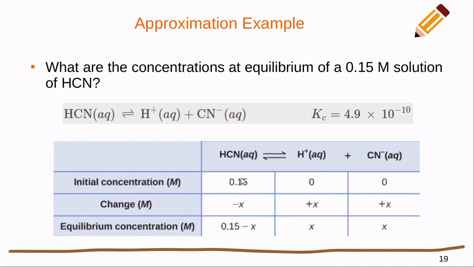Because we only have reactants here, we know it's going to proceed left to right instinctually, but Qc would equal 0, which is less than even the small Kc value. So we know left to right, okay? We have 0 and 0 here. We're consuming hydrogen cyanide. We're producing H plus and CN minus. Okay, we add those together to get our expressions for our equilibrium concentrations.